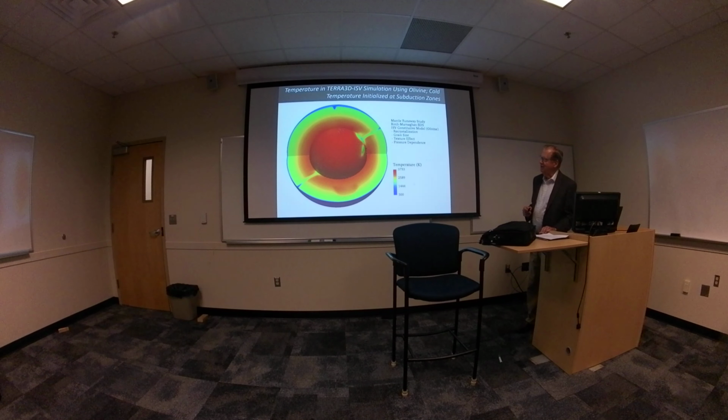And you see these avalanches of cold material from the surface down to the bottom of the mantle, and the cold material covering the base of the mantle with time. So you get the same results in 3D, but at a huge increase in cost.